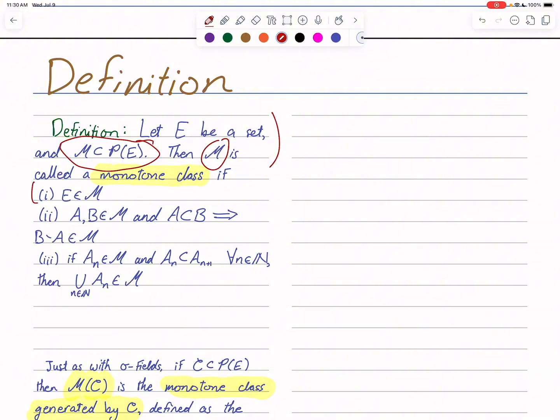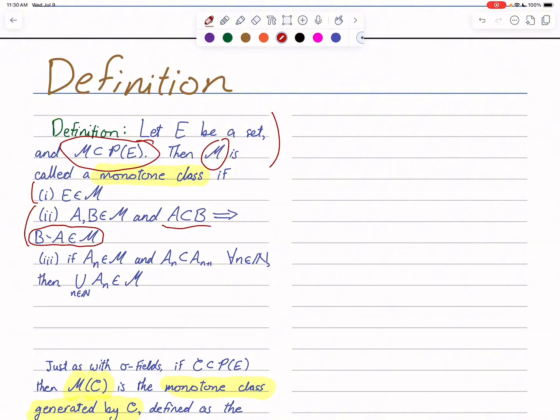Just like with a sigma field, we require the entire universe to be in the class. Now, instead of closure under complements, we talk about this: if you have two elements of your class, and if A is a subset of B, then the relative complement is in the class.